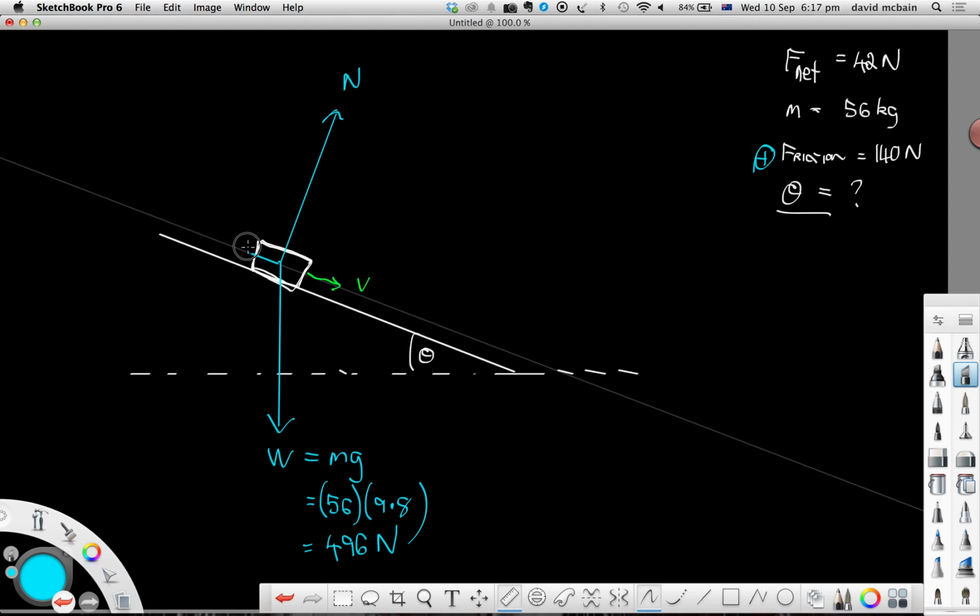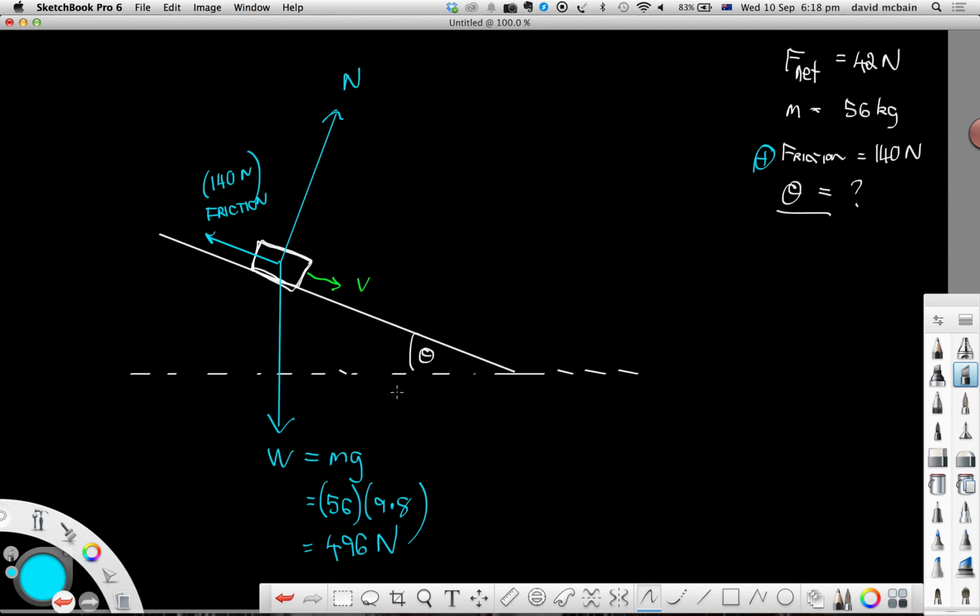So friction must be acting this way. And we know the value of the friction is 140 newtons. Now, we also know that all these forces are producing a net force of 42 newtons down the slope. They're getting faster down the slope.